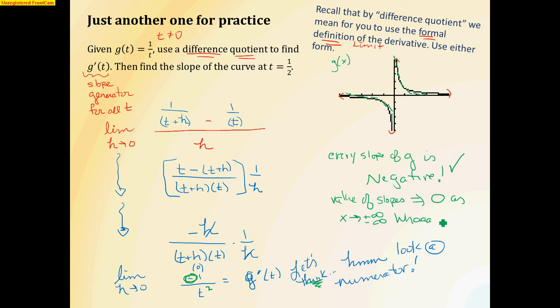What? The horizontal asymptotic behavior of a slope generator talks to me about the value of the slopes on g of x. Oh my God, my head is spinning, right? Take a breath.